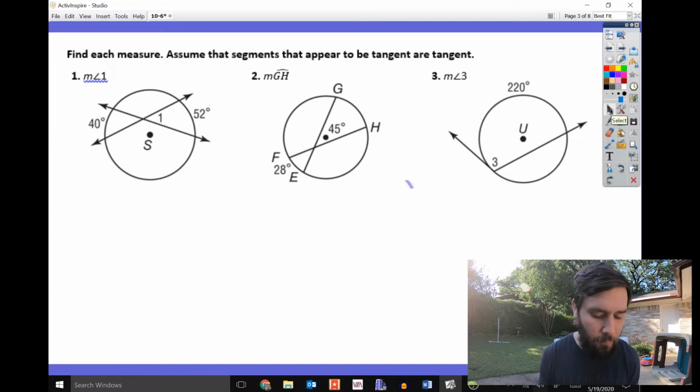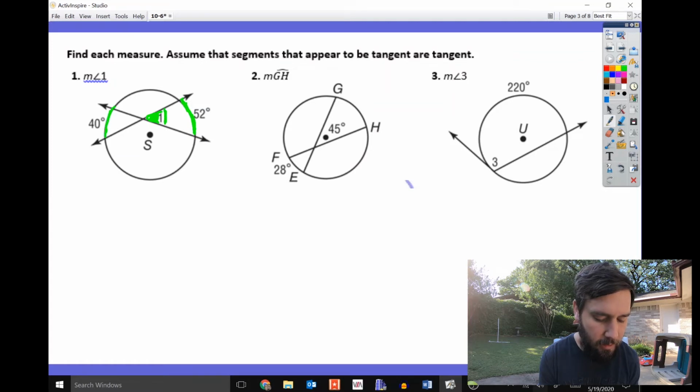So number 1, you want to ask yourself first, is the angle inside, on, and later on we're going to talk about outside. In number 1, the angle we're looking for is inside the circle, so I know it's 1/2 the measure of the 2 intercepted arcs. Since I'm looking for angle 1, it's the arc in front of it and the arc behind it.